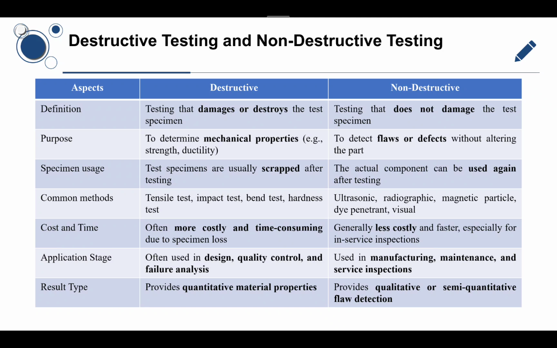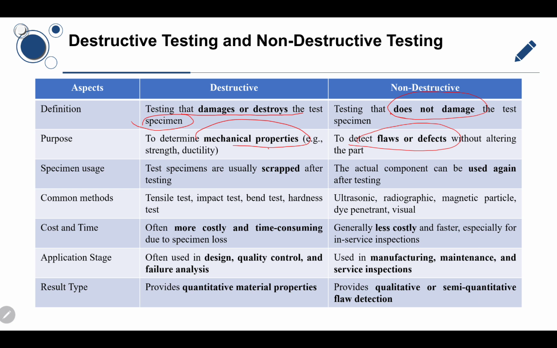Next, a quick comparison of destructive testing and non-destructive testing. First, destructive testing damages or destroys the specimen. Non-destructive testing does not damage the test specimen. The purpose of destructive testing is to determine the mechanical properties of the material, whereas here we inspect to detect flaws or defects without damaging the part.